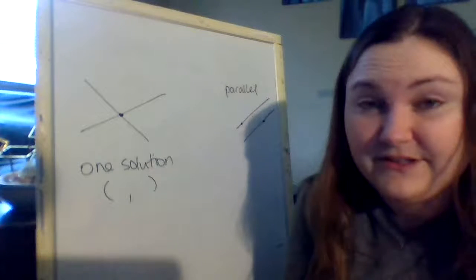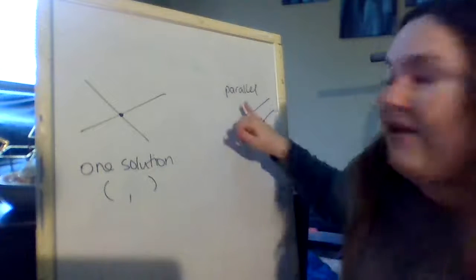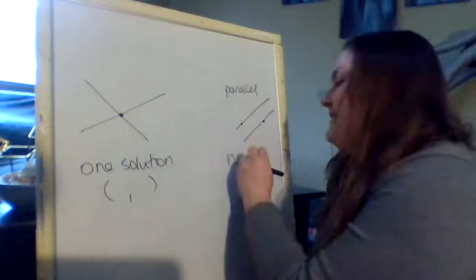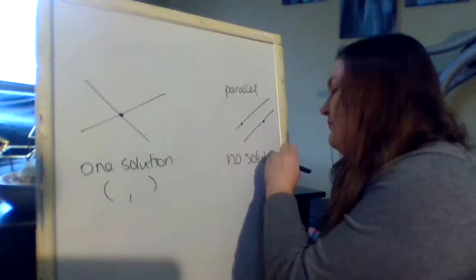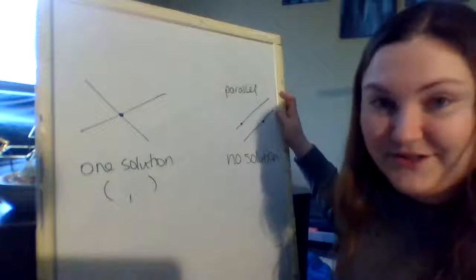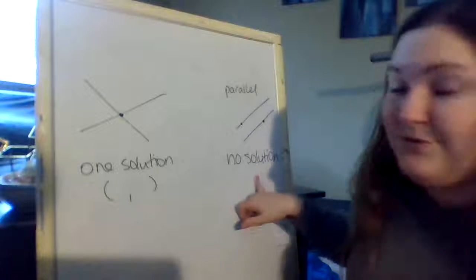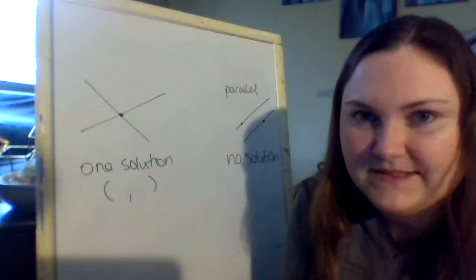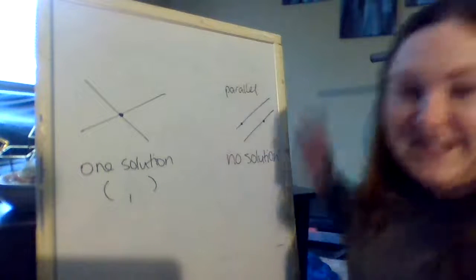There's no point I can choose that's on both of these because they don't intersect. Therefore, if we get a system that graphs with parallel lines, we would have to say there is no solution. There is no solution because these lines don't intersect, so there's literally no solution point on both lines. There's no point that would satisfy both equations. That is our second scenario.